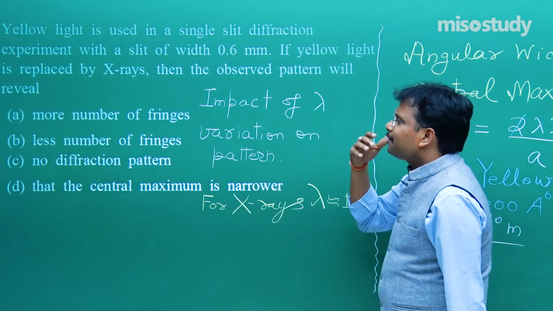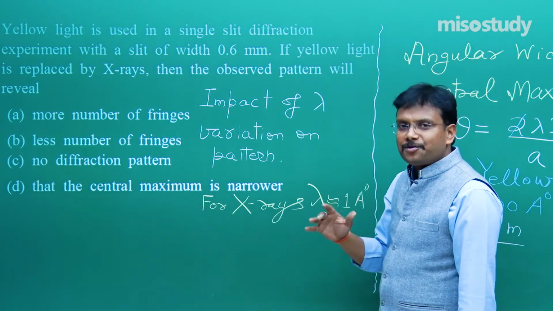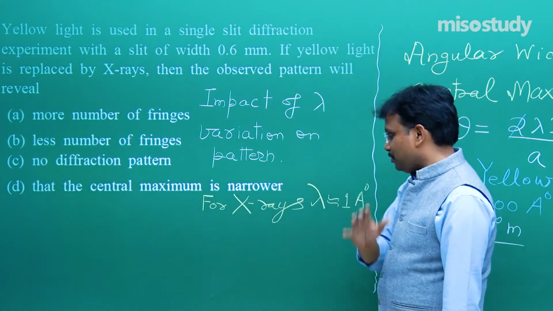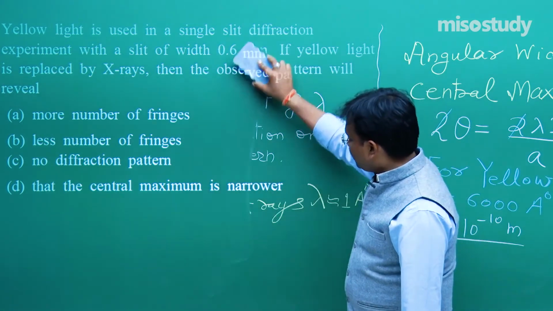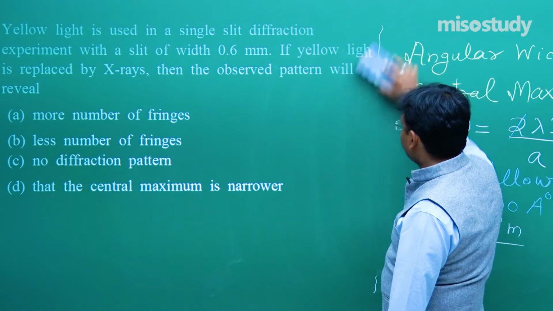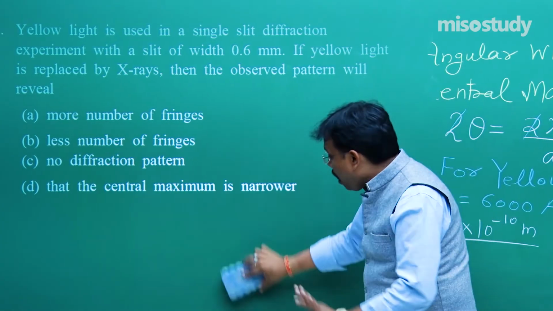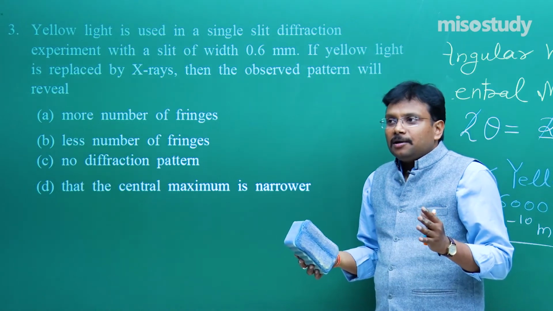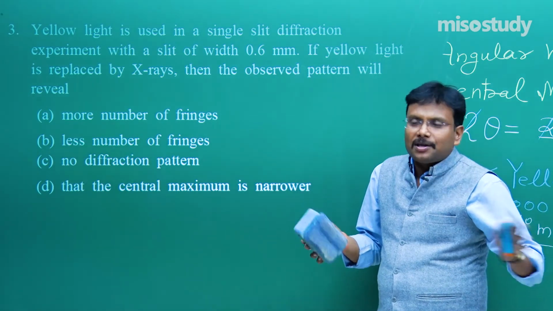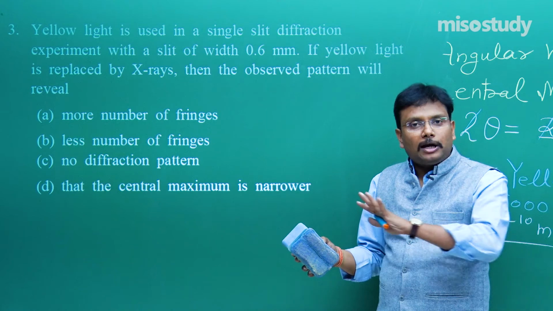Fine. So this is the simple approach of solving these problems. Okay. Let's get ready for the next problem. And for all of you, I am not explaining these problems keeping in mind some different students. I am explaining for all type of students.